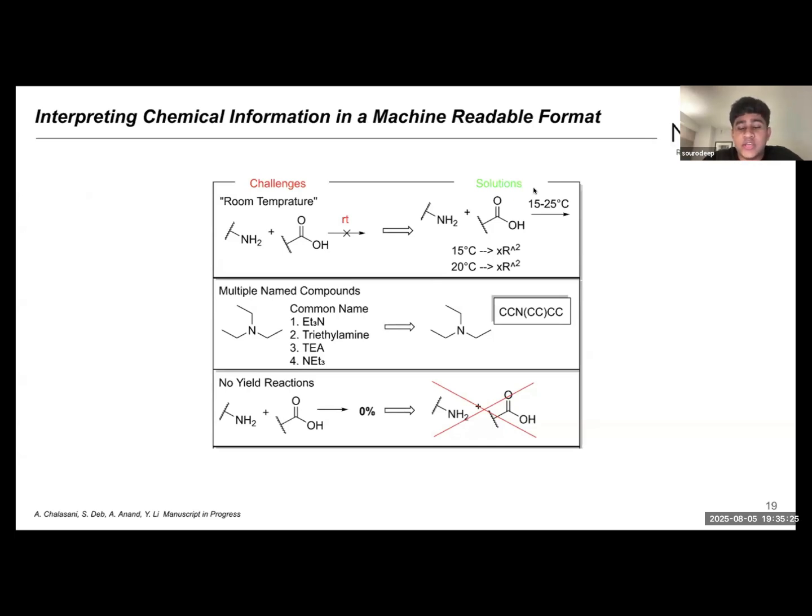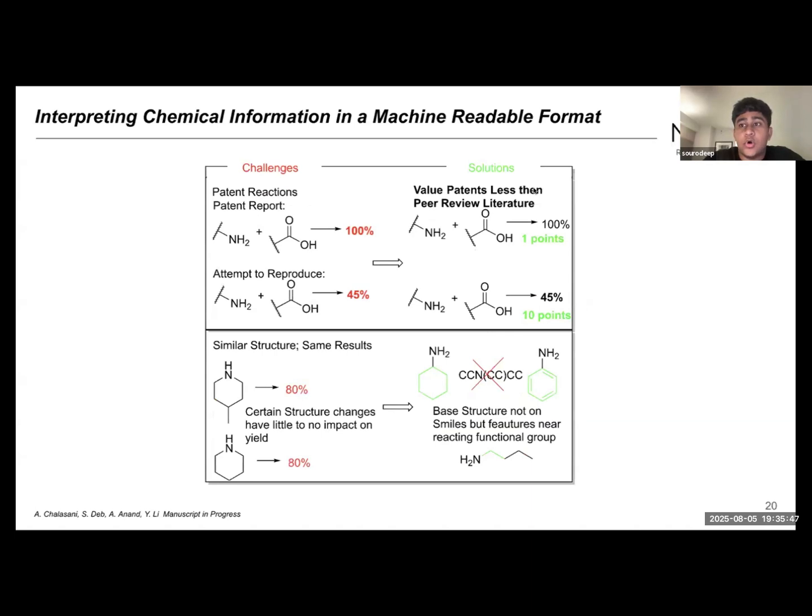For compounds with different names, we used SMILES strings, which are a way to represent chemical structures in line notation through ASCII characters. And for reactions where a yield wasn't given, we simply dropped them because without actually running the reaction, we can't determine what the yield would likely be.